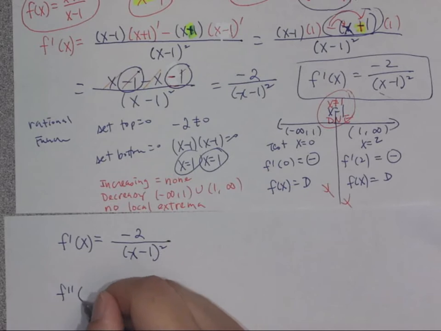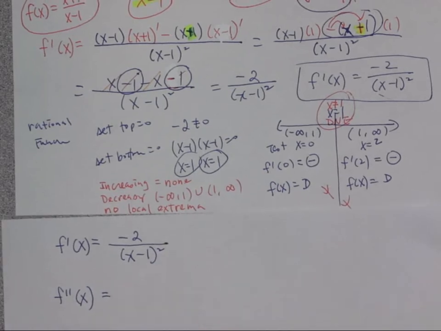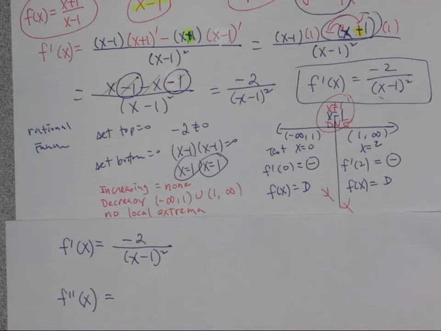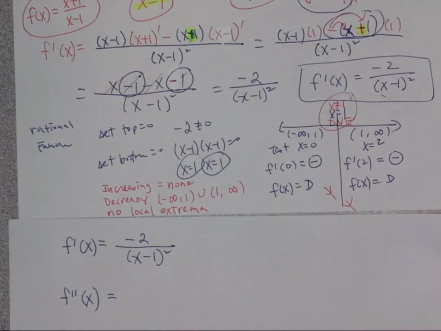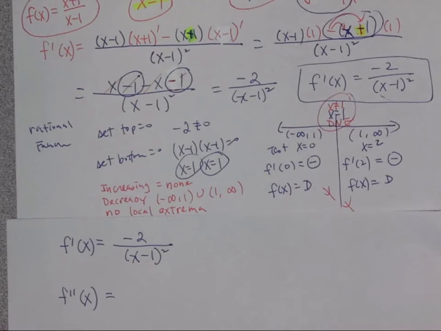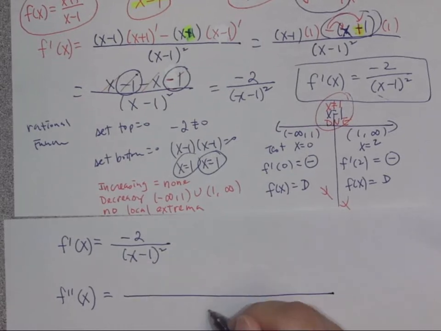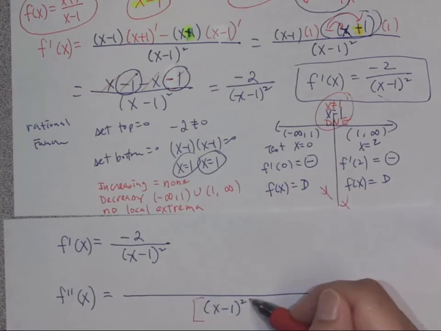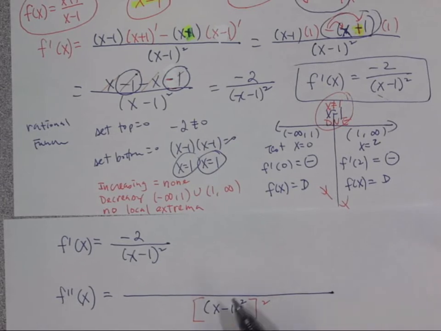So if I take the derivative one more time, let's see. For the second derivative, let me try one more time with the quotient rule and see if I will do better. So the bottom part needs to be squared. It's already squared, so you square it. And then I start with the bottom guy.